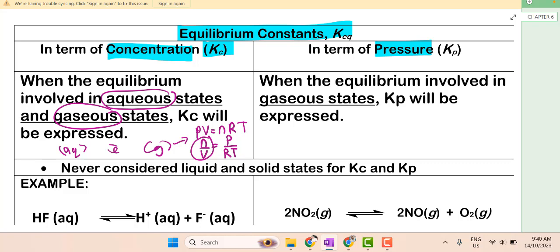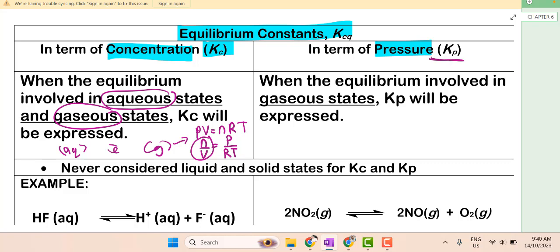So this is the concentration for gaseous state. Solid and liquid have no concentration.